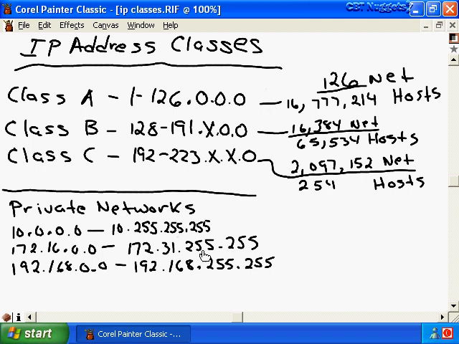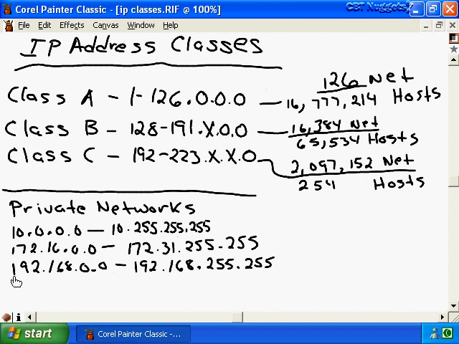What I mean by that is if you were to configure a computer with an IP address from one of these 3 ranges and connect it directly to the Internet, that computer would not be able to communicate with other computers on the Internet because the routers on the Internet have been trained to filter out all requests coming from these 3 ranges. So these computers would have to access the Internet through a proxy server or a network address translation server that does have a direct connection to the Internet.